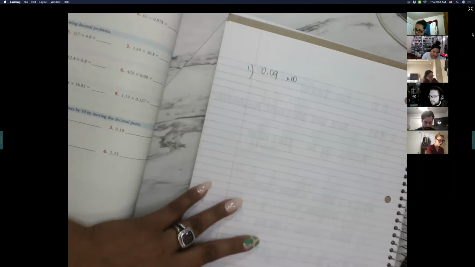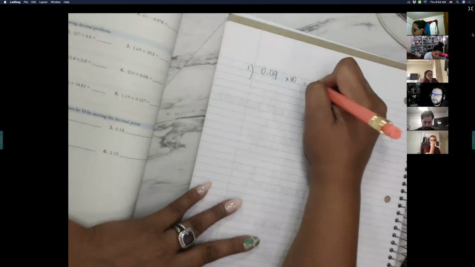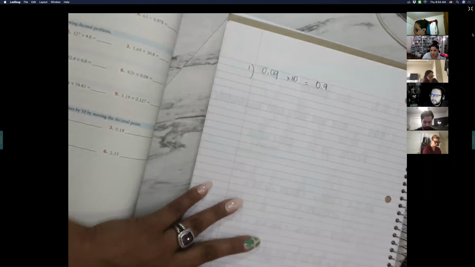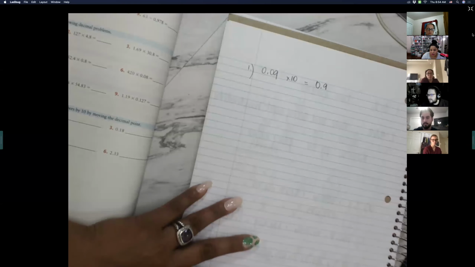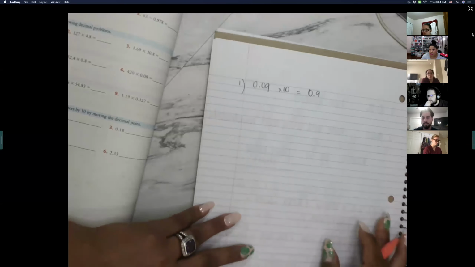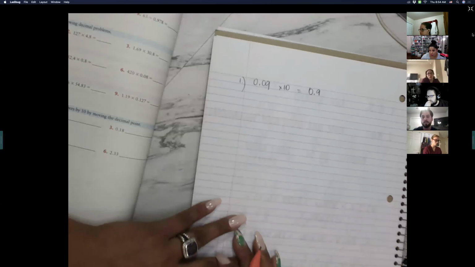Okay. So that probably took you a lot more keystrokes, right? There's lots of decimals, times 10, blah, blah, blah. Okay, so I'm going to show you the shorthand way of doing this.